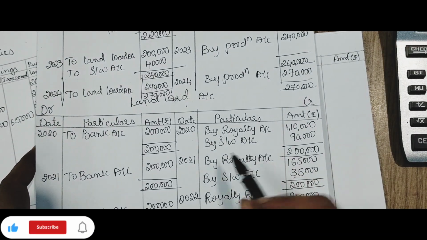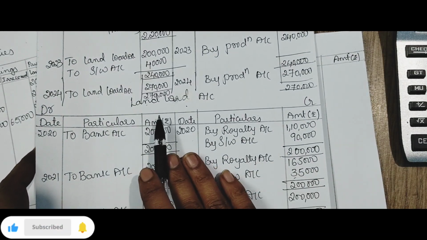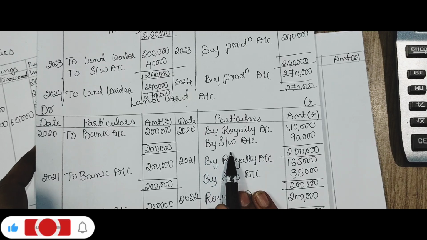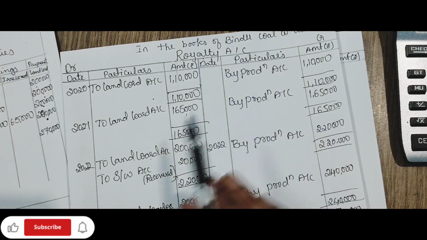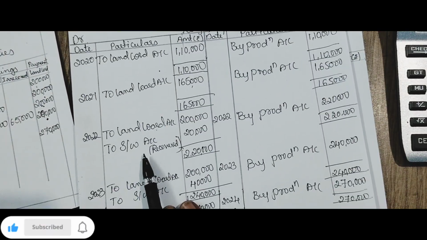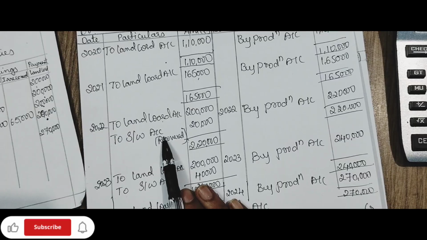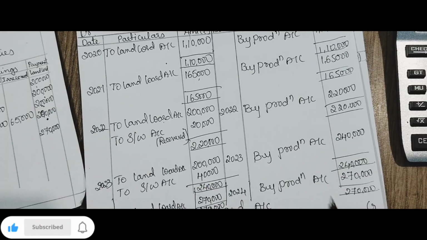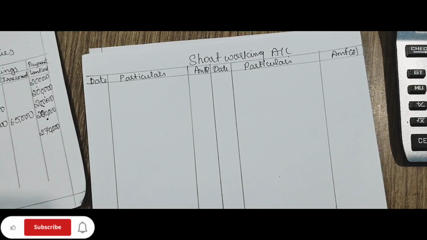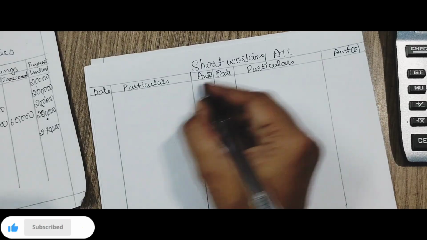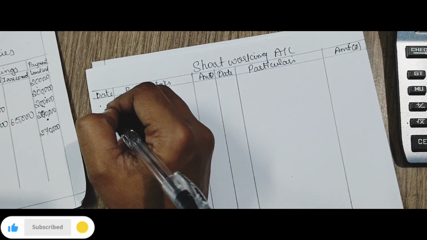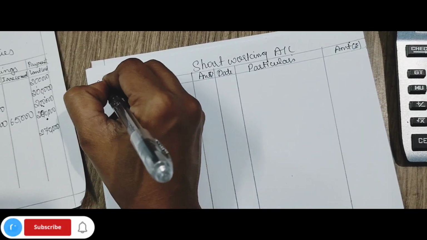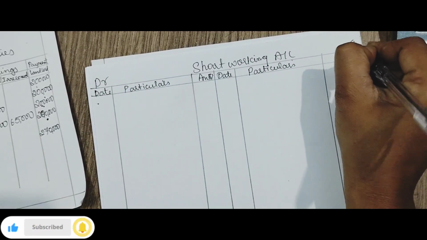In the landlord account, you have credited the short working account. And in the royalty account, for the third year, you have debited the short working account. Short working is a nominal account.